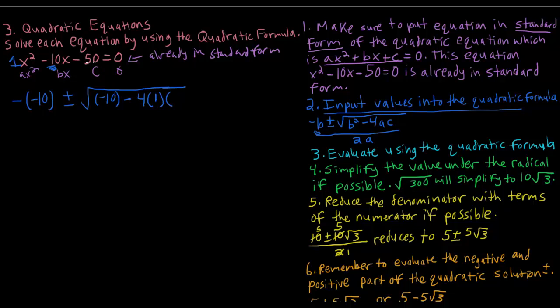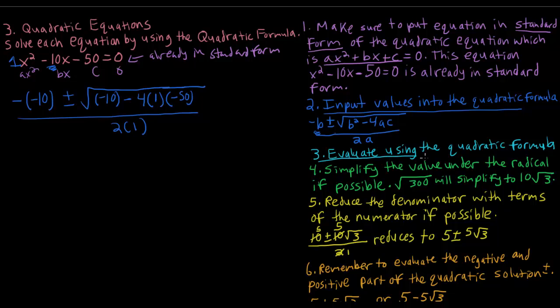In this case, the third term c is negative 50. So we're going to put negative 50 for c there. And all of this is going to be over 2a. And again, a is a value of 1.